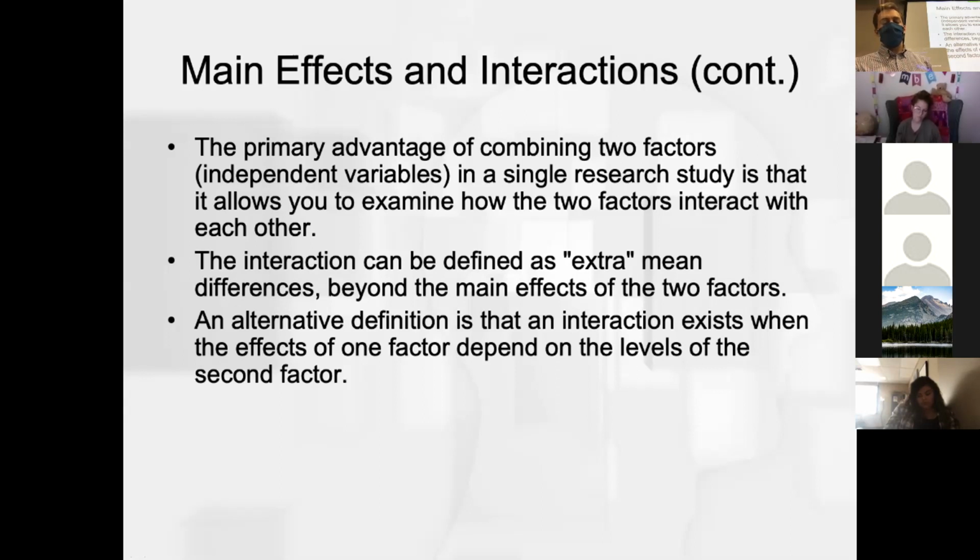Another way of thinking of this is that the effects of one factor depend on the levels of a second factor. So who can think of a real world example of an interaction between two factors?